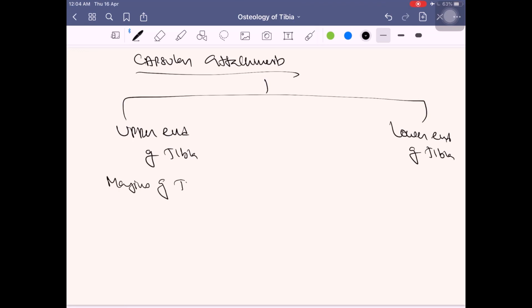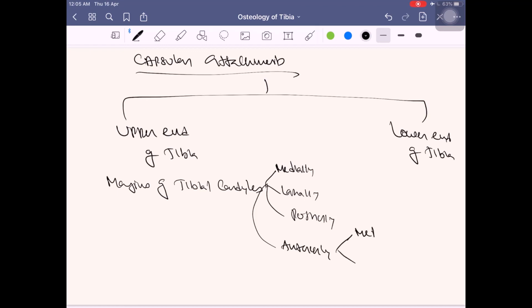So it attaches medially, laterally, posteriorly, all around. And anteriorly it is interrupted, by the medial and lateral patellar retinacula, so they attach to the medial and lateral patellar retinacula, along with the tibial tuberosity and tibial tubercle.